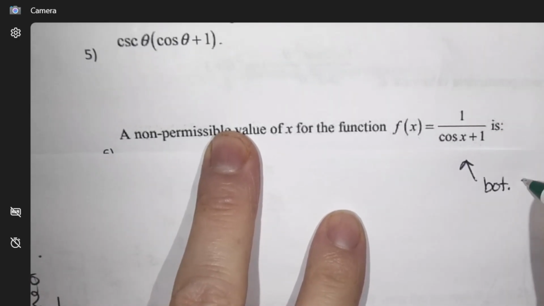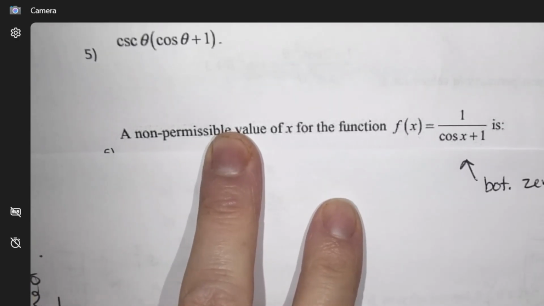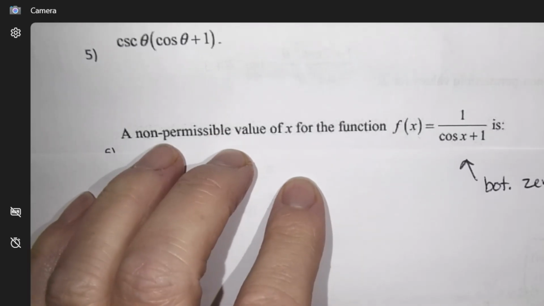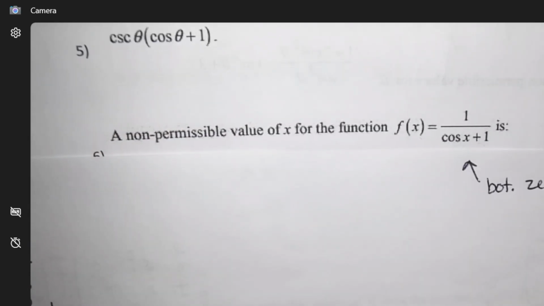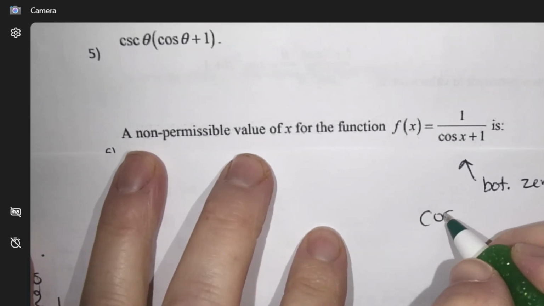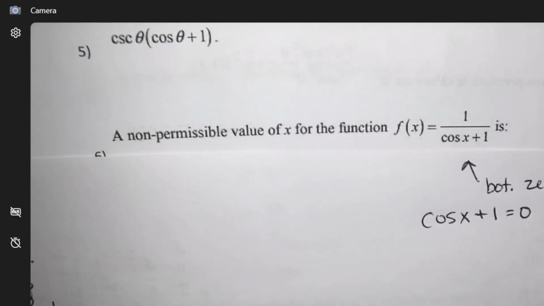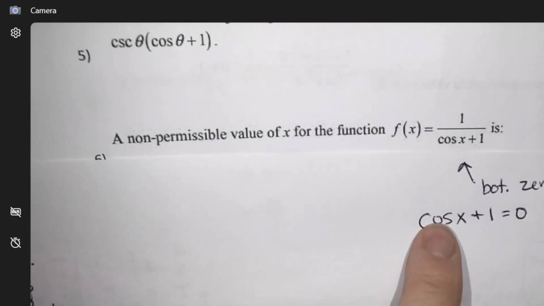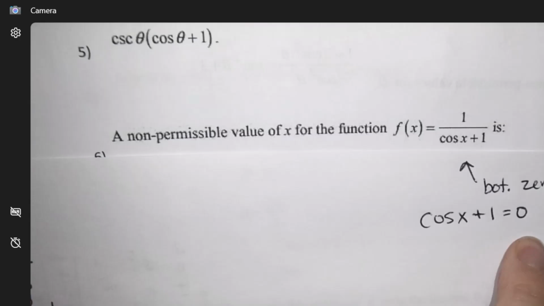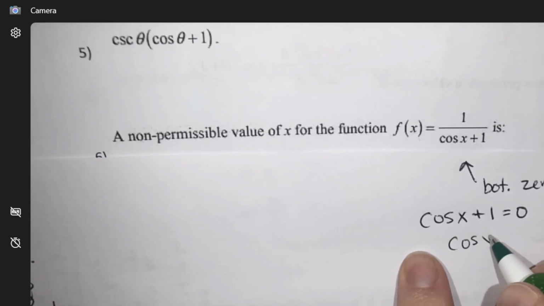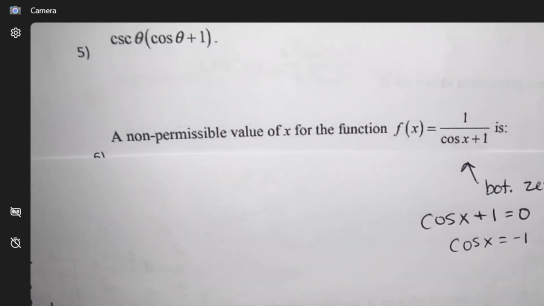We're worried about this bottom being 0. Okay, that's what we're worried about, any divider being 0. So what happens if this bottom of a fraction is 0? Okay, so bottom is 0. So solve this. So I'm going to move that over, isolate.